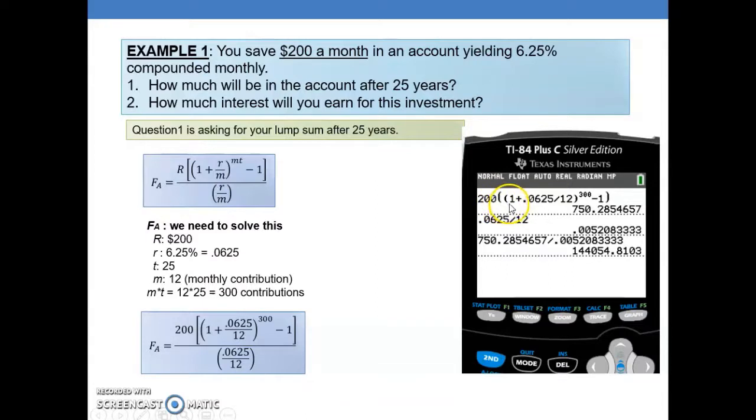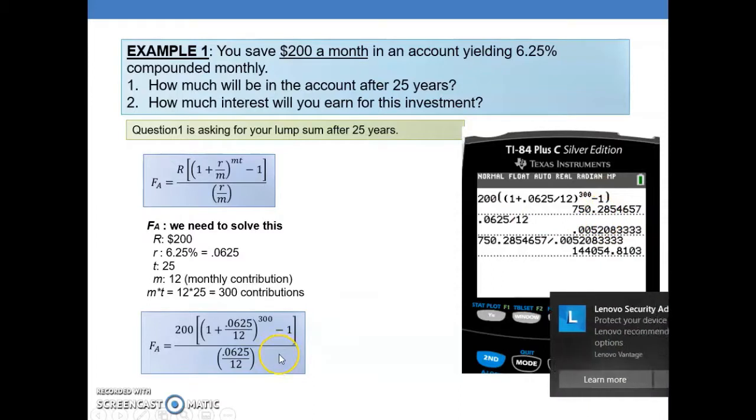The smaller parentheses would mean the parentheses in my equation. So it's pretty clear, right, if you do it step by step, that they are exactly the same. And once you feel confident that it is correct, you would press enter or the equal sign, and that is the top part. The denominator will be 0.0625 divided by 12. I calculated that separately, and I have these numbers right here.